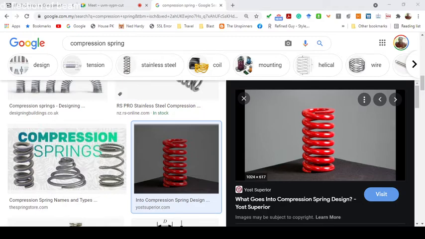L is the height of the spring from the bottom until the end. x is any point from zero at the bottom until the upper surface, any point inside here.